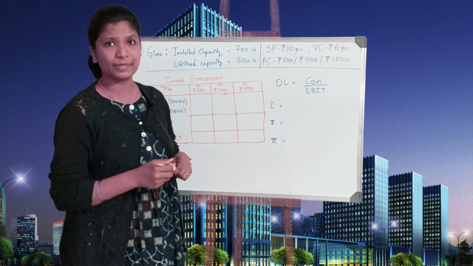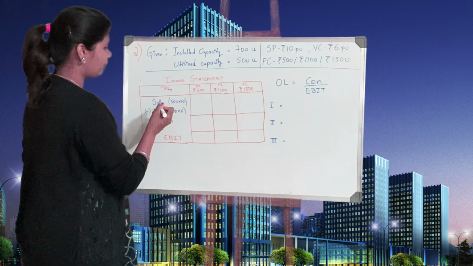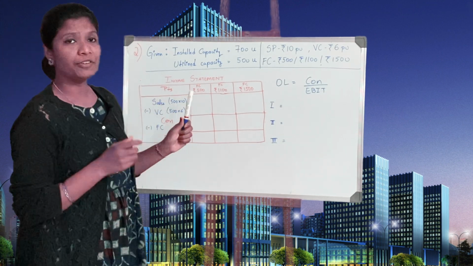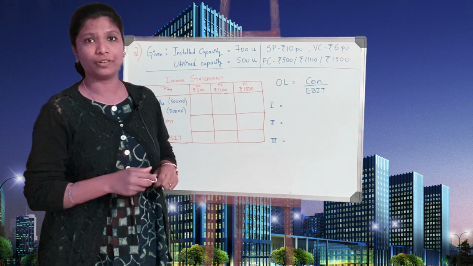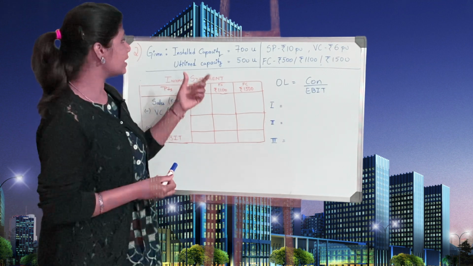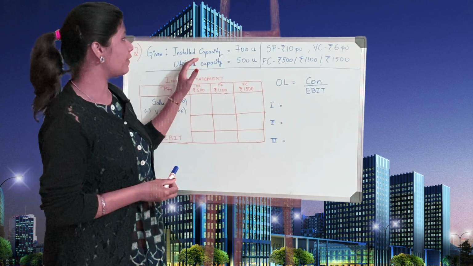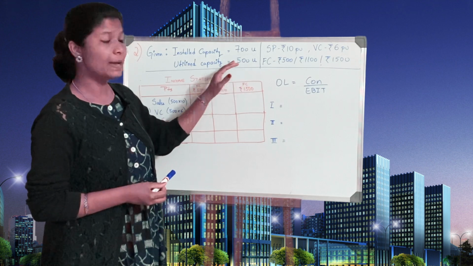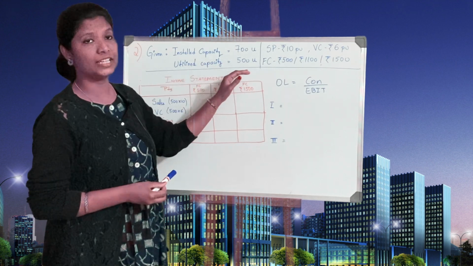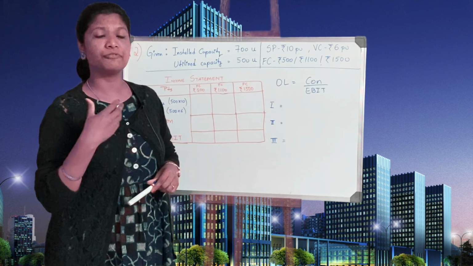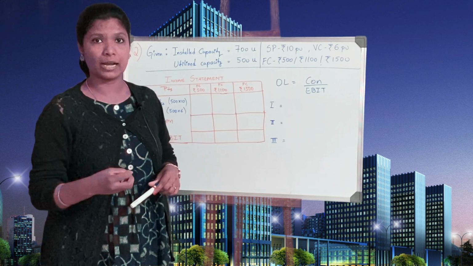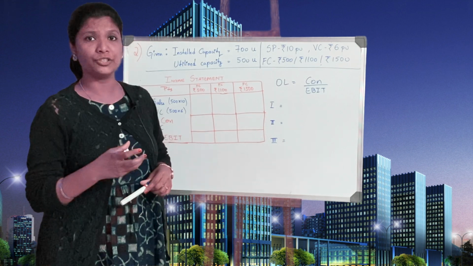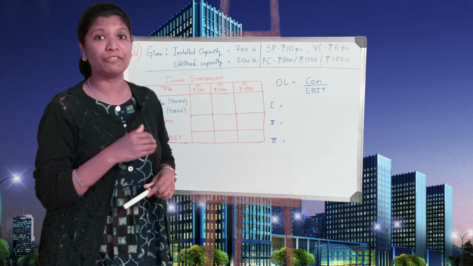Let's solve the income statement. First, before we find out sales or the amount of sale units, let's understand this question first. They've given installed capacity 700 but utilized capacity is 500. Whenever we are trying to find out the earnings of the company or profits, we first need to know how much of capacity have we utilized.